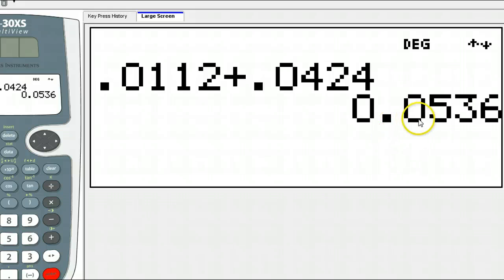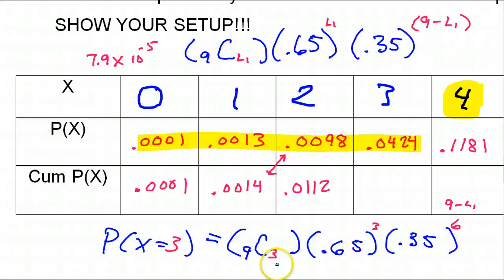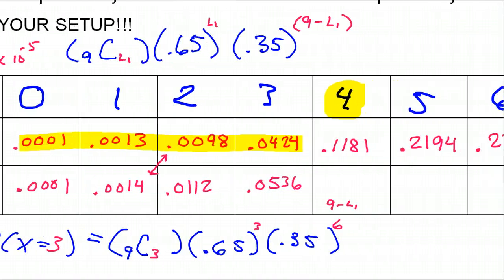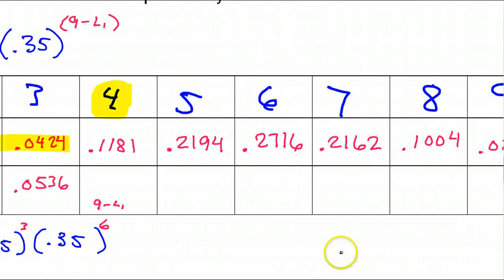Okay, so I have 0.0536. And then you just repeat that process over and over again. But just understand that each time you don't have to start over from scratch.